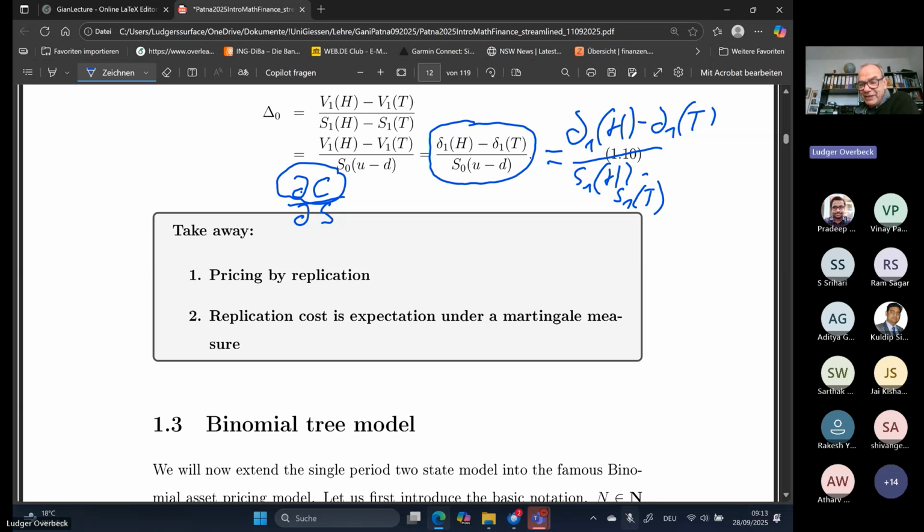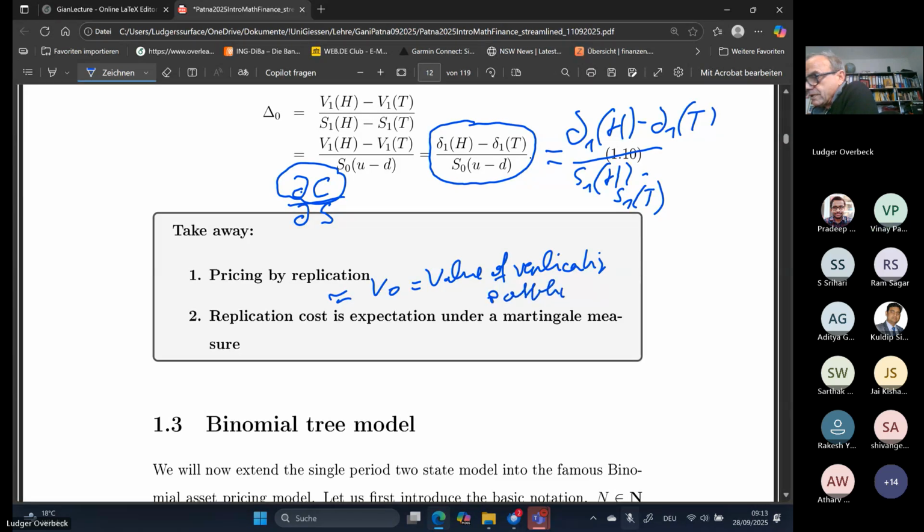Okay. So from this simple example, our takeaway is we are pricing by replication. The replication cost, or the value of the replicating portfolio, that's the expectation under the martingale measure.